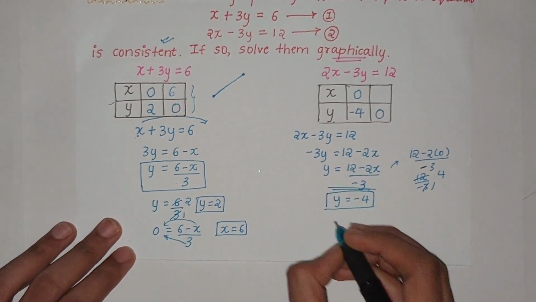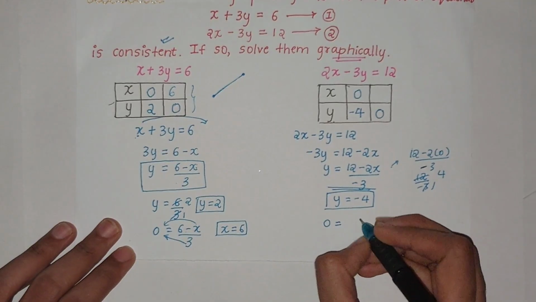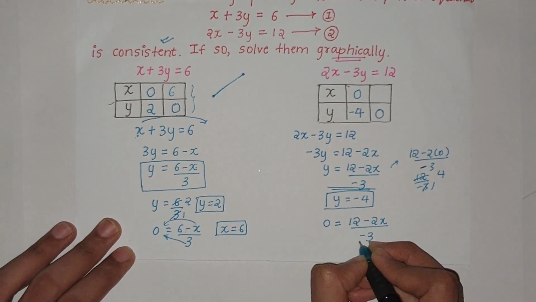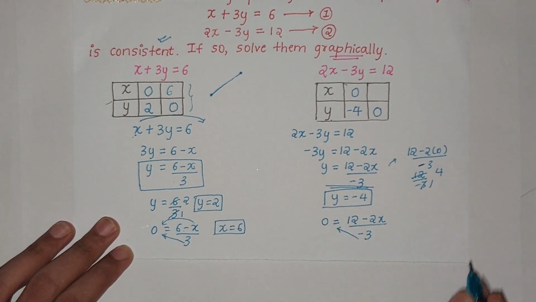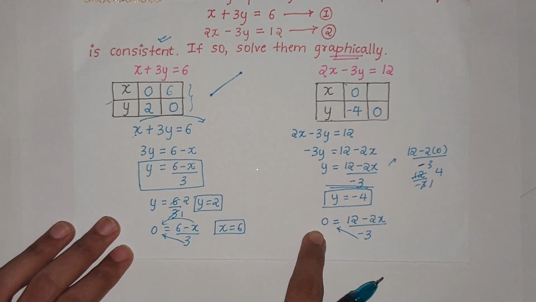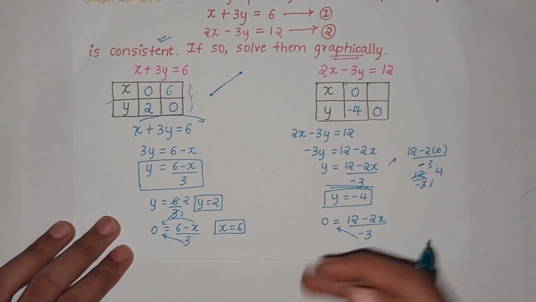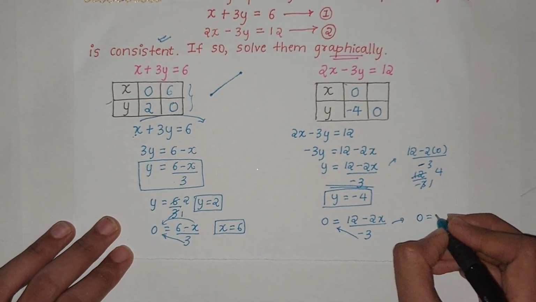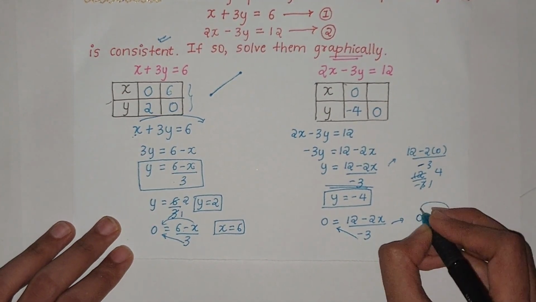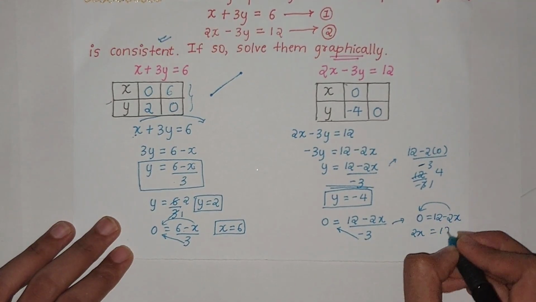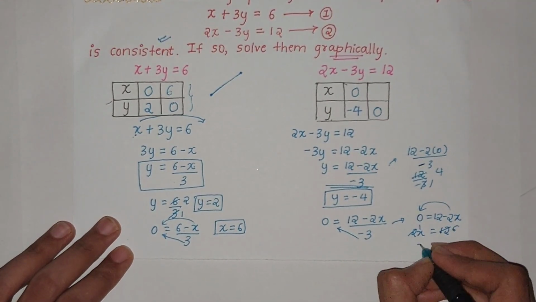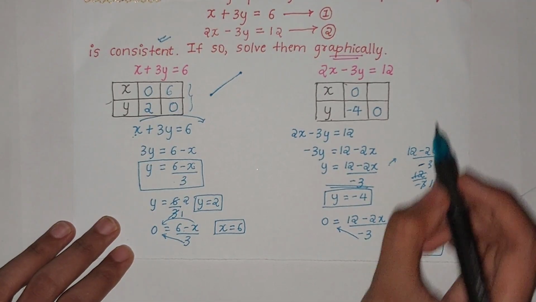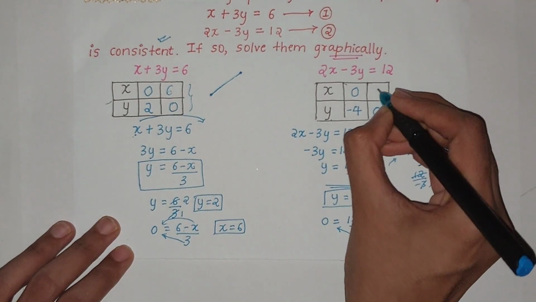In the same equation, put y = 0: 0 = (12 − 2x)/(−3). When I send this here, it gets multiplied with 0, and 0 into −3 is 0. So 0 = 12 − 2x. Send this here: 2x = 12. 2 ones are 2, 2 sixes are 12. So x = 6. When y = 0, x = +6.